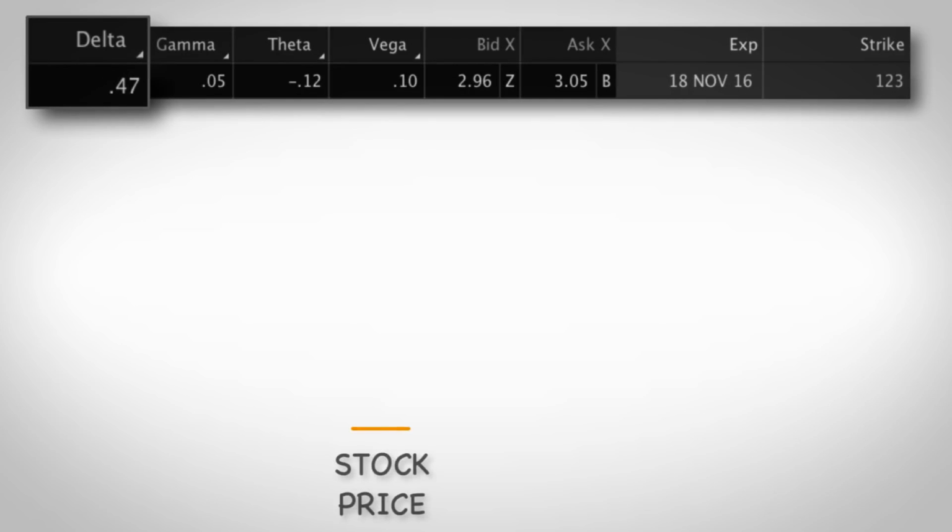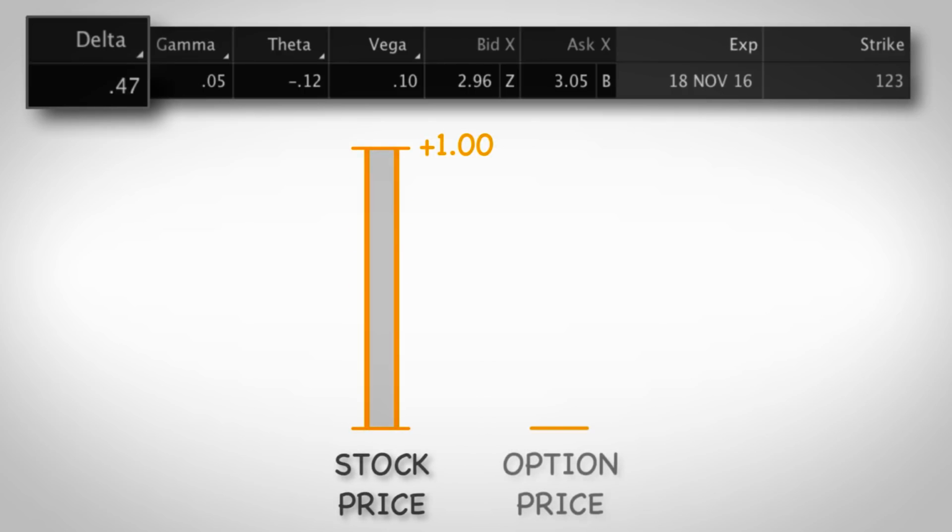This is telling us that if the stock price goes up by $1, then this option contract should go up by 47 cents. This is important to know because if you own one contract of this call option, then that tells you that if the stock goes up by 1 point, you should make $47.